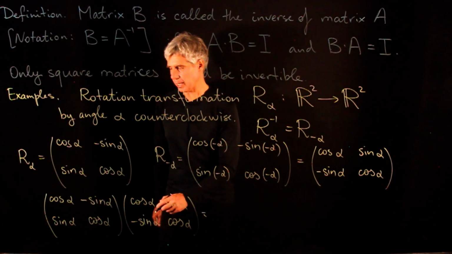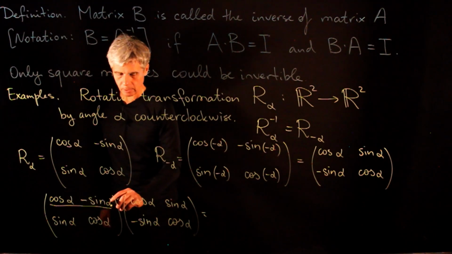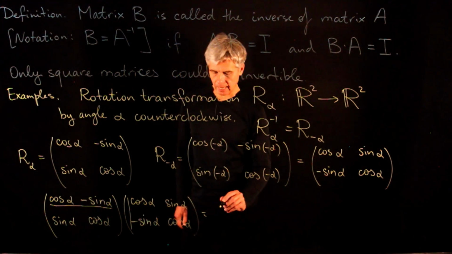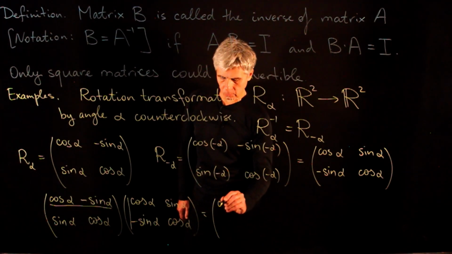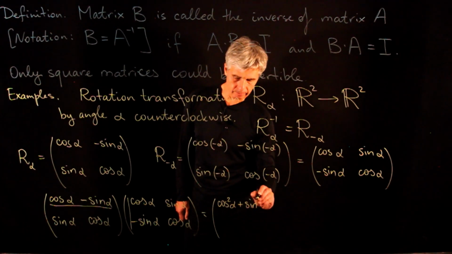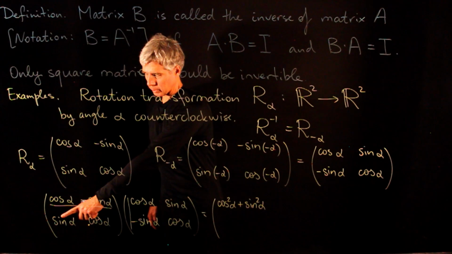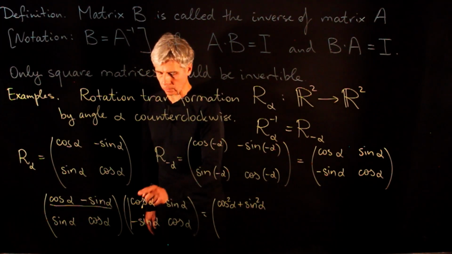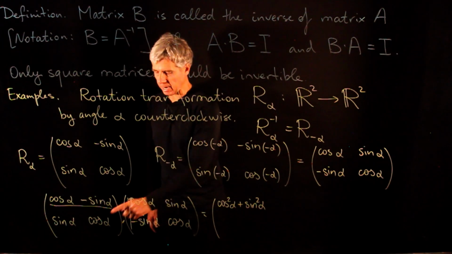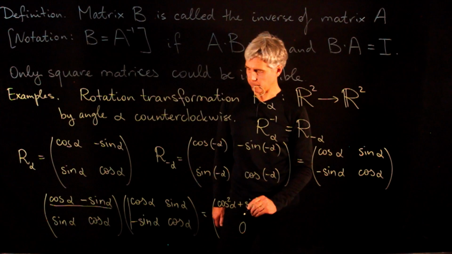Now, when we multiply matrices, we take dot products of rows with columns. So in the first entry, we get cos squared alpha plus sine squared alpha. When we take the dot product of the second row with the first column, we get sine alpha times cos alpha minus cos alpha times sine alpha. That cancels, and we get 0.